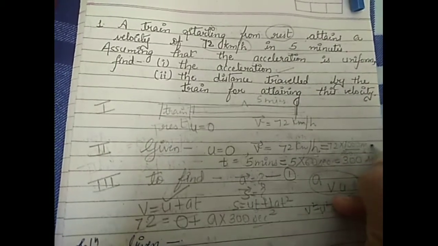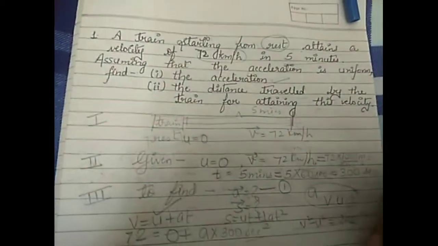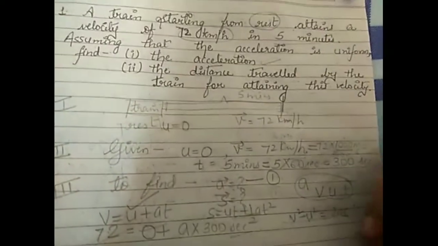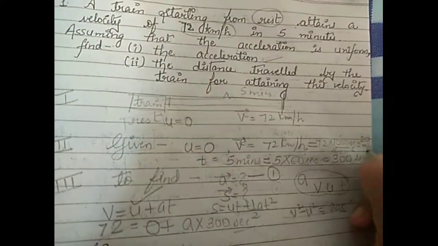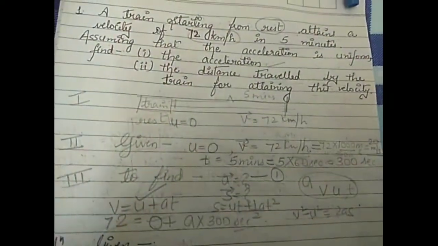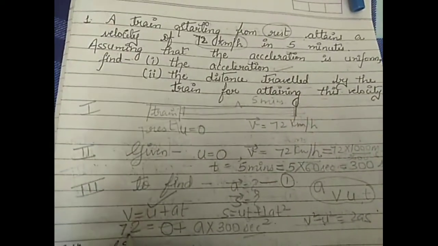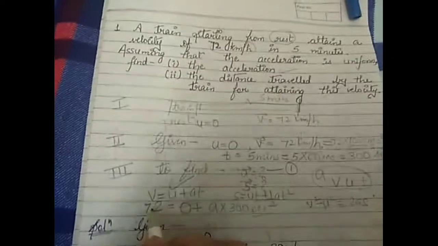So what you will get is 20 meter per second. 20 meter per second will be your velocity. So here instead of 72, you need to write 20.